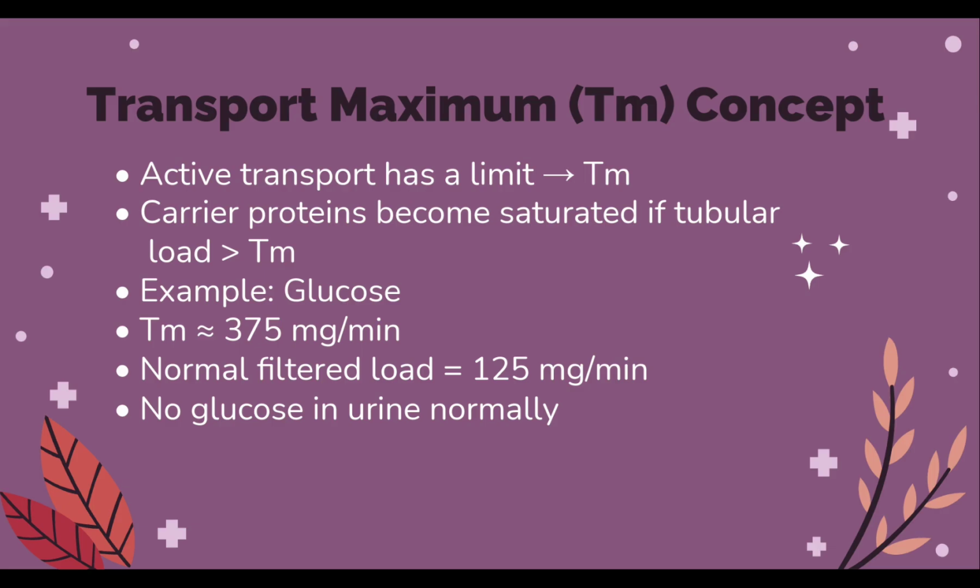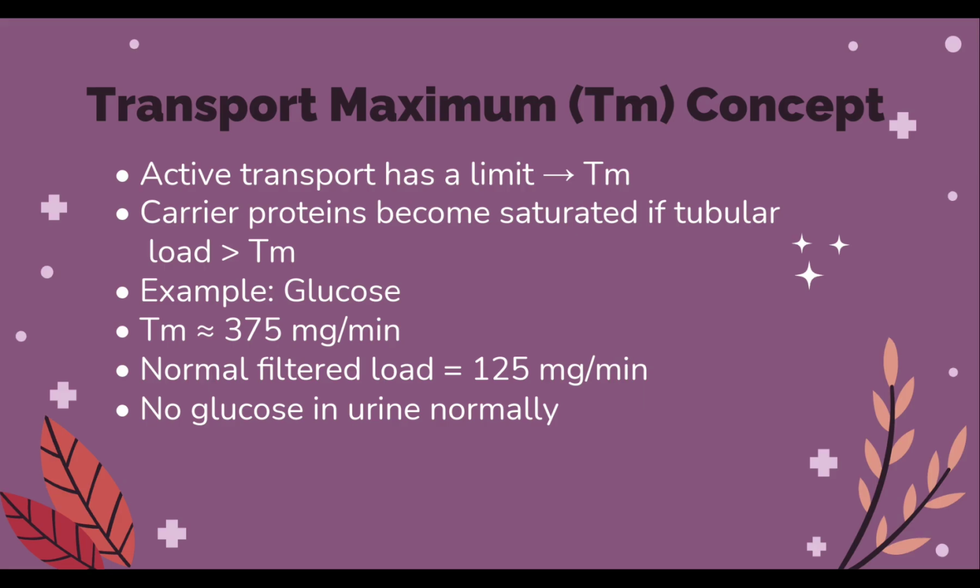The transport maximum, the Tm concept. Active transport has a limit, called Tm. The carrier proteins become saturated when the tubular load increases beyond the transport maximum. For example, with glucose there is a transport maximum.